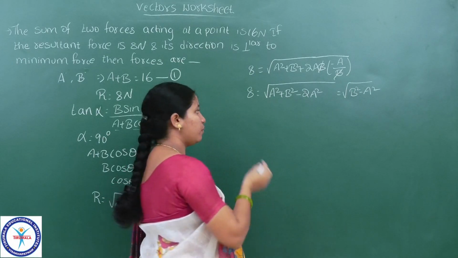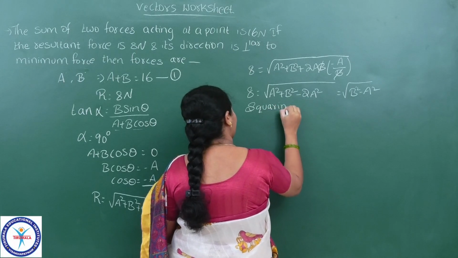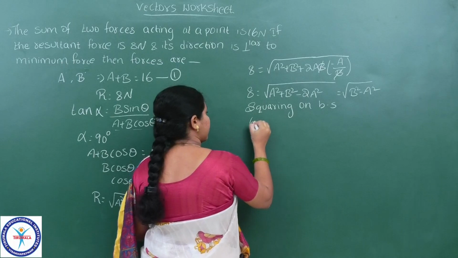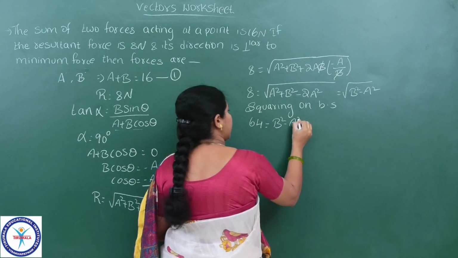Now squaring on both sides. We get 8 square is 64 is equal to B square minus A square.